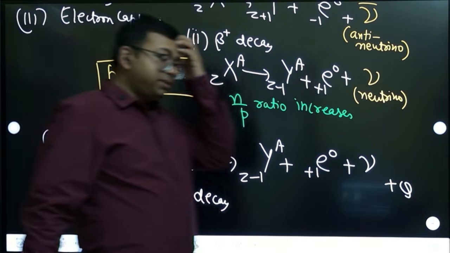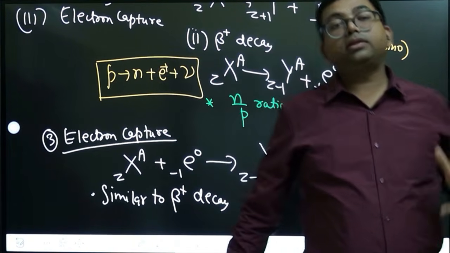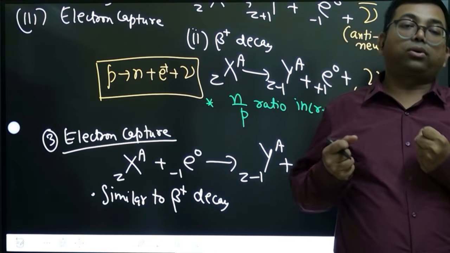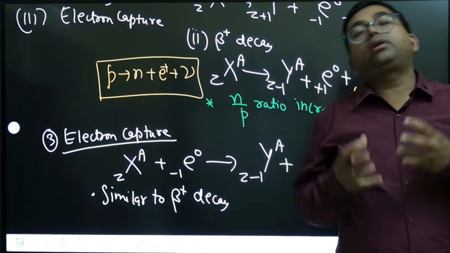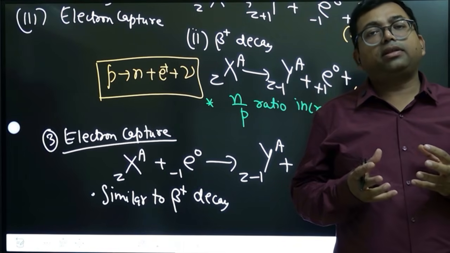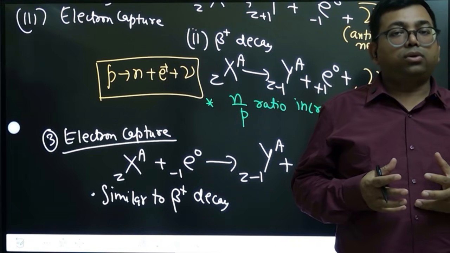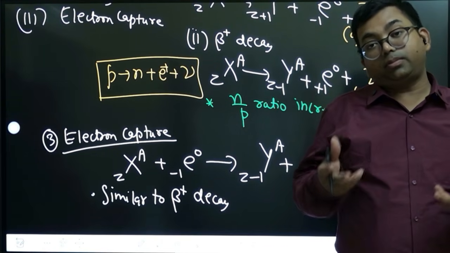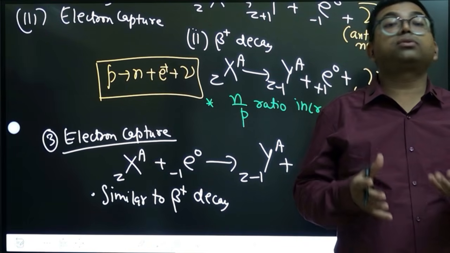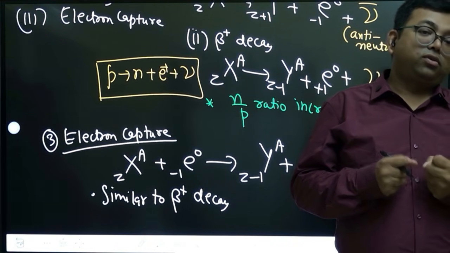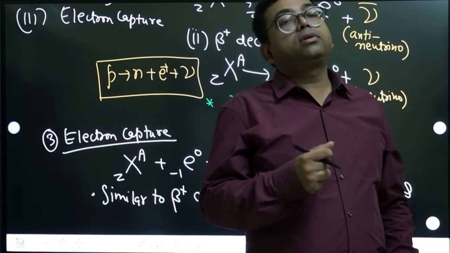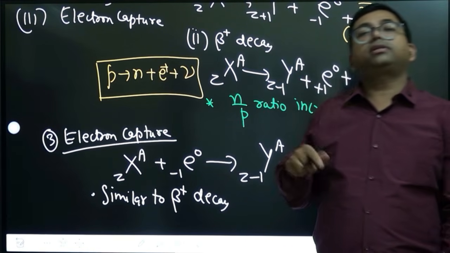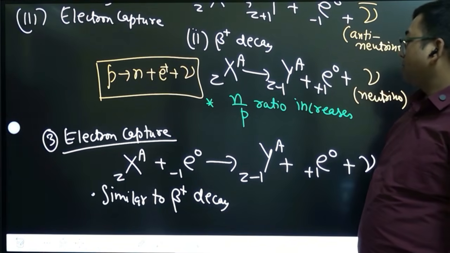So what happens? Sometimes a nucleus will capture its own electron. A nucleus becomes so unstable that it captures its own electron from the nearest orbit, let us say the first orbit electron. If it captures that electron, that electron goes inside the nucleus, and this is the nuclear reaction happening.